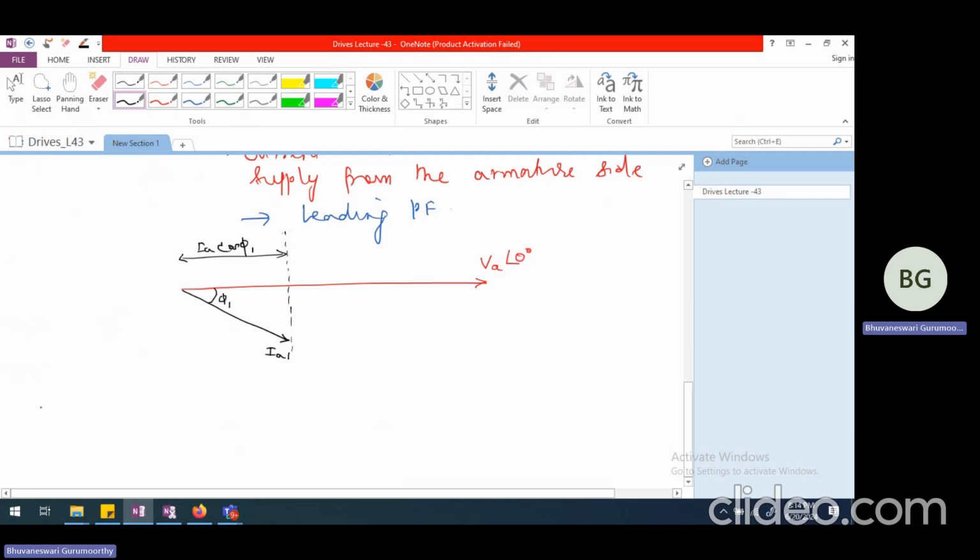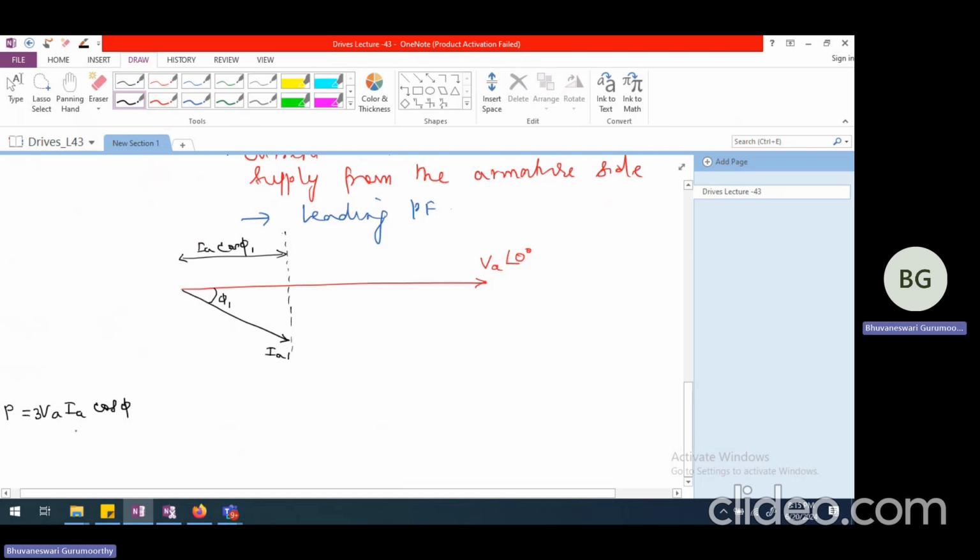So I can write VA times IA cos phi is going to be the power supplied from the synchronous machine per phase. If I multiply this by 3, then this is going to be the 3-phase power.